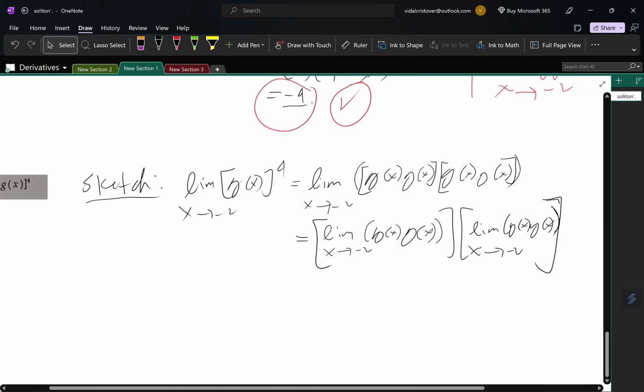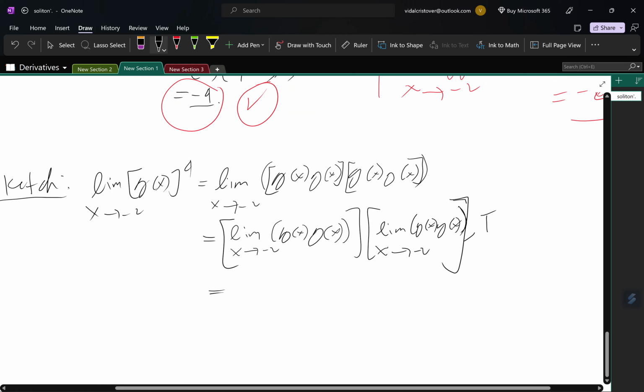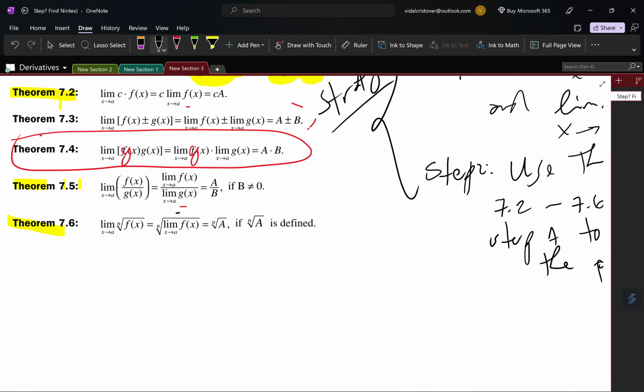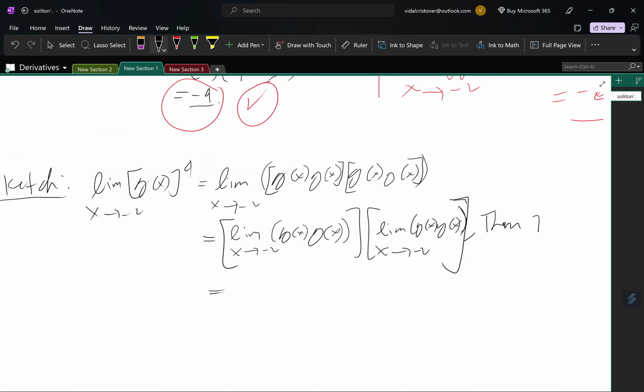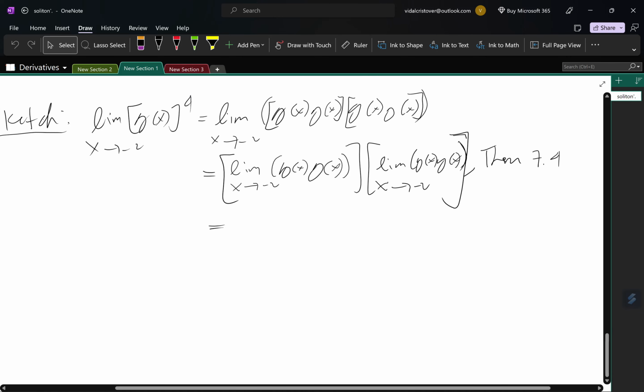Ang reason ani is theorem, ang theorem nga nag-involve og product, Theorem 7.4. Theorem 7.4.